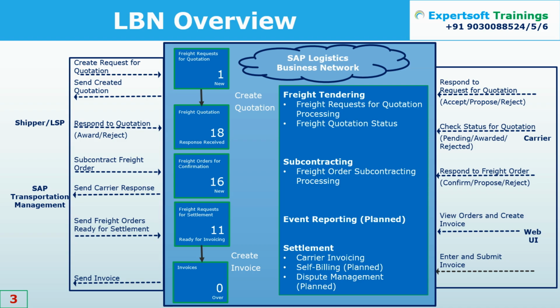See, CCP, as I told you, as per my knowledge, SAP is not making any further investments in CCP. With every release, every year they are releasing S4 HANA transportation management. All the new features which they are bringing into SAP TM in S4 HANA are going to be available also in LBN.